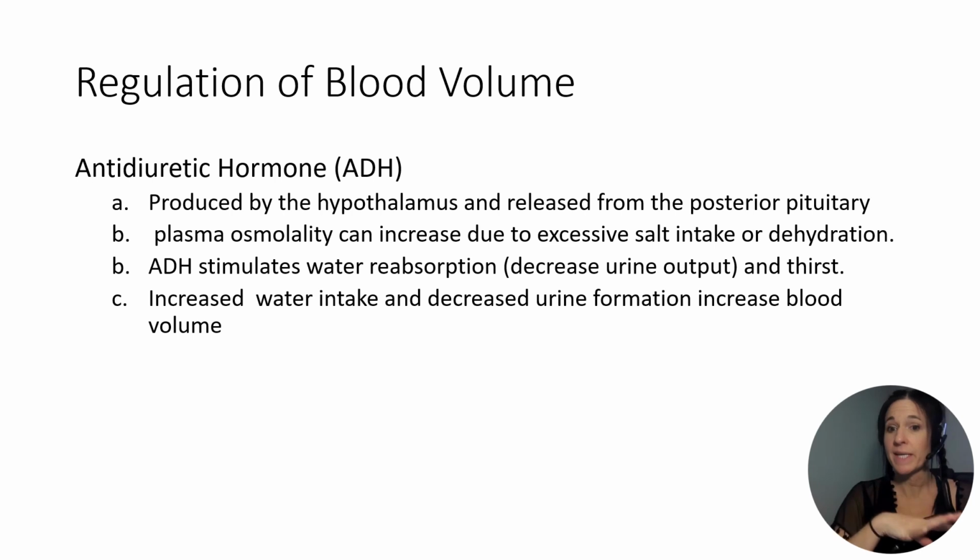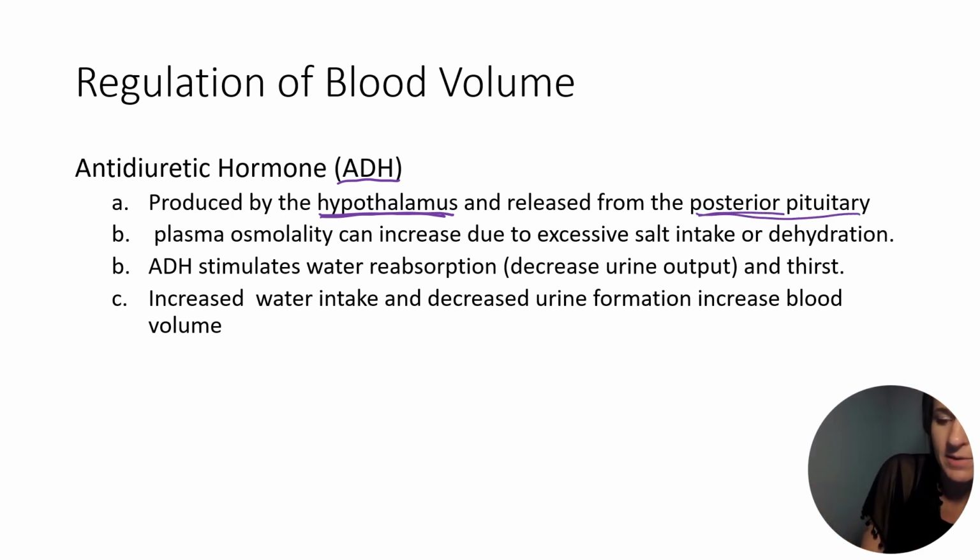We'll start with antidiuretic hormone, which we just talked about in Unit 3 and the endocrine system. Antidiuretic hormone, or ADH, let's recall, is produced by the hypothalamus, but then it is stored and released from the posterior pituitary gland. So we can have a change in plasma osmolality.